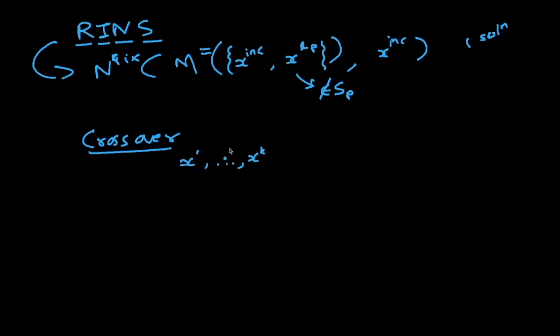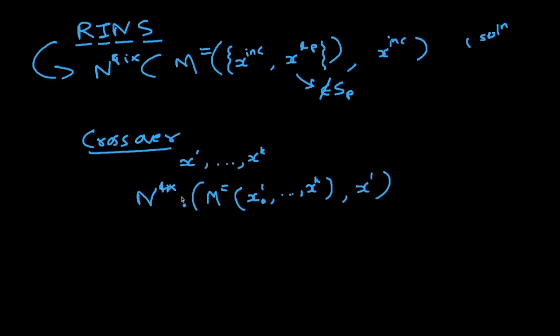There are a bunch of hyperparameters everywhere, but the idea is that you can use multiple solutions. Find the matching set of all of these solutions, x1 to xk, and then fix them all to one of them.